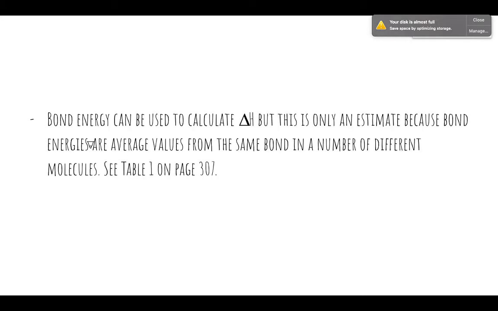Which is why when we get the answer of delta H from bond energy, you will see that it is an approximation and not an exact number, right? And when we use some of those other methods, you might get a more reliable answer. But in some scenarios, all you might have is bond energy. And based on that, you'd have to figure out the delta H value.